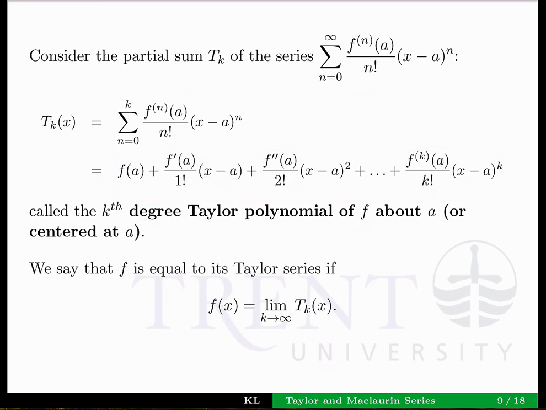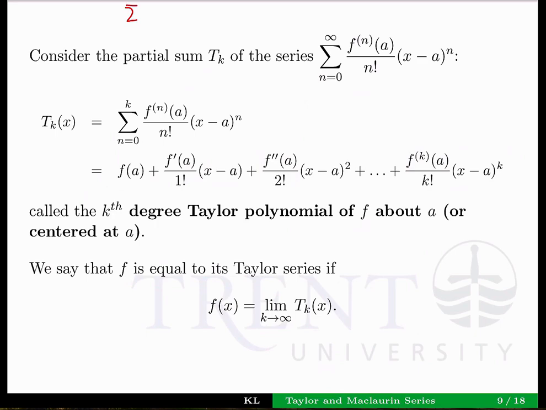Then we say that f is equal to its Taylor series if f of x equals the limit of t sub k of x as k approaches infinity. Remember, it is very much similar to what we have before.